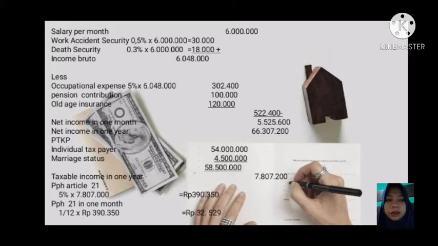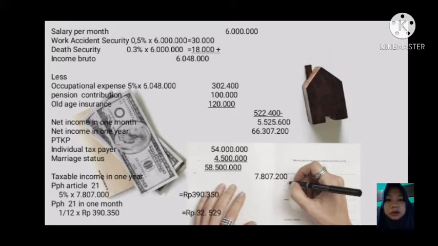After that, we get the net income for 1 month. For 1 year, we multiply by 12, we get 66,307,200 rupiah.